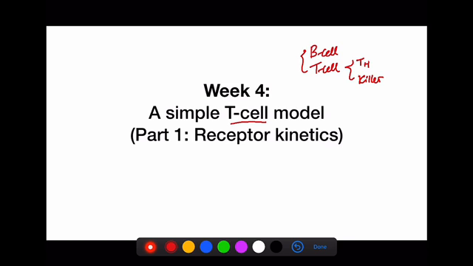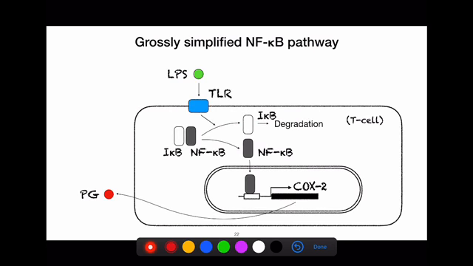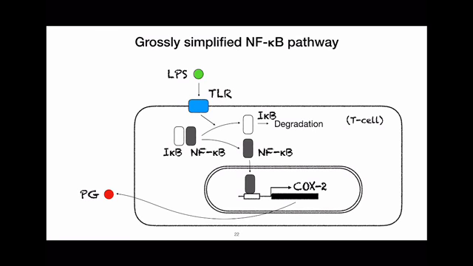And one thing we are going to consider in this model is the process of detection of some inflammatory molecule that triggers the intracellular processing, signaling, and leading up to the gene expression that expresses certain inflammatory molecules such as the prostaglandin, and the whole process can be simplified in this way. This is a grossly simplified T-cell model.